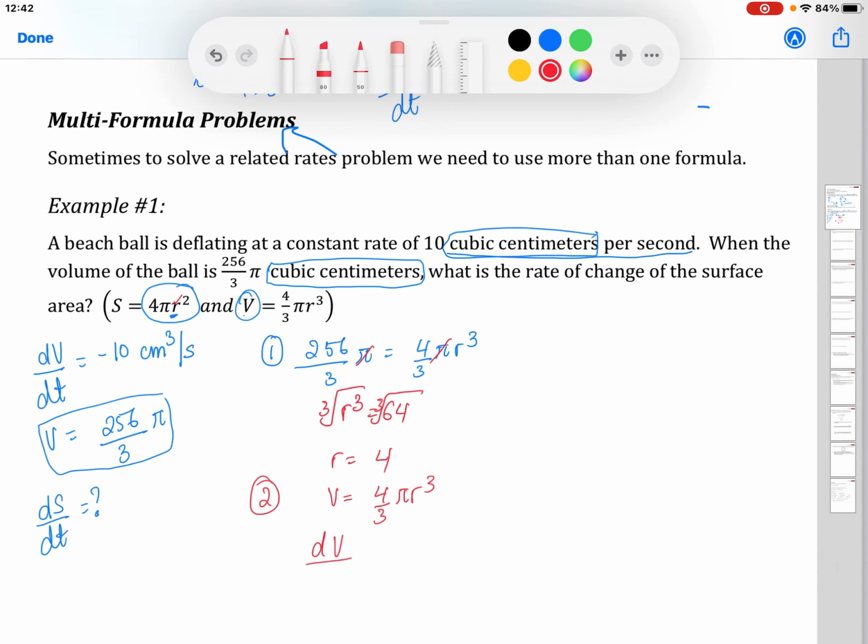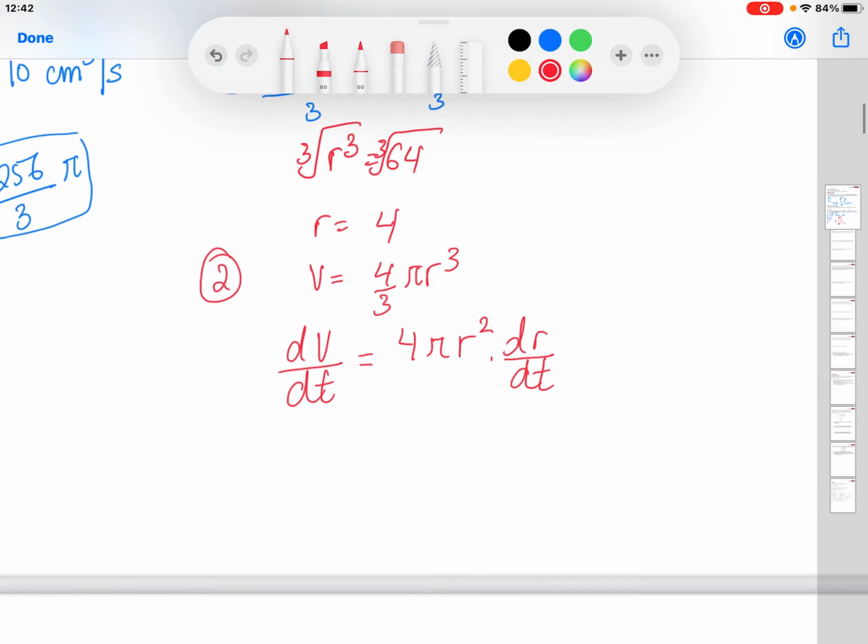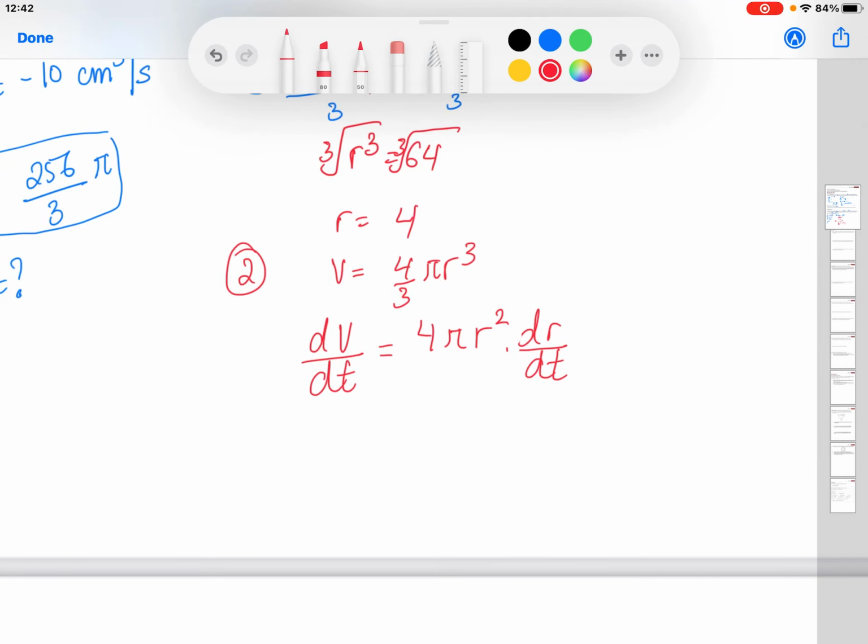Take the derivative with respect to time: dV/dt equals, the 3's cancel out, 4 pi r squared dr/dt. Now I'm just going to substitute in. I'm going to zoom in actually. So my dV/dt is what?